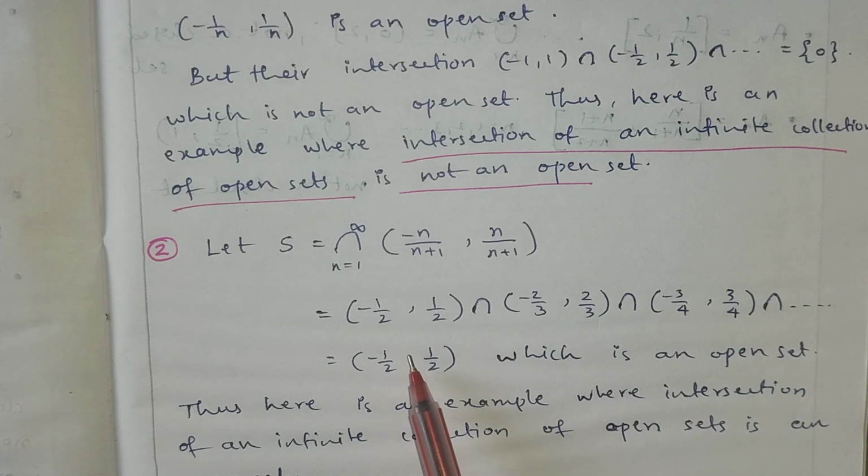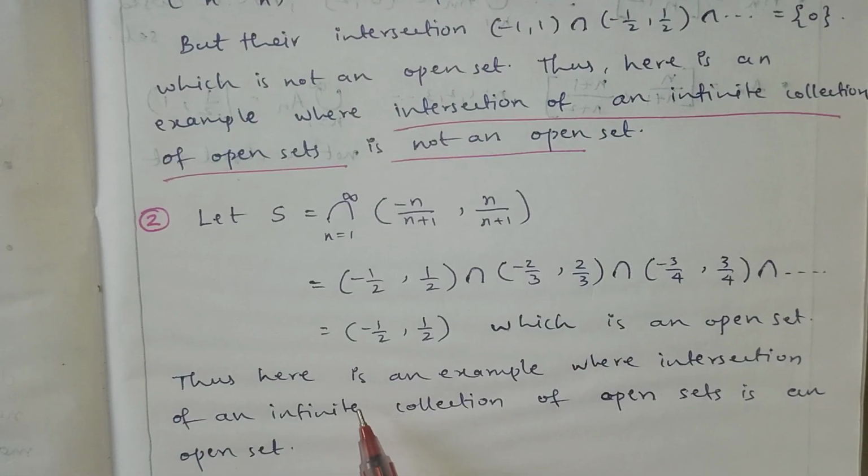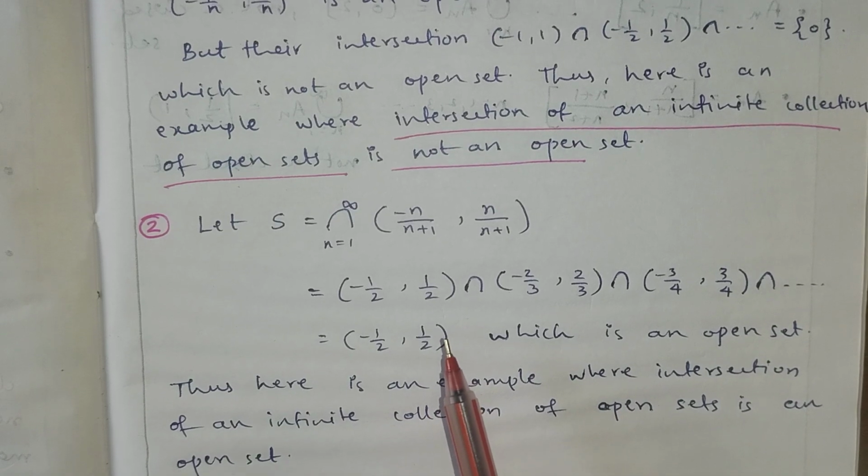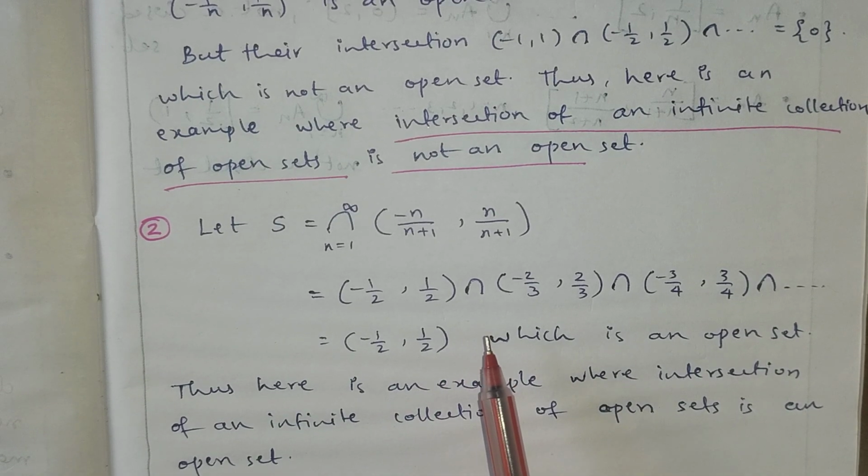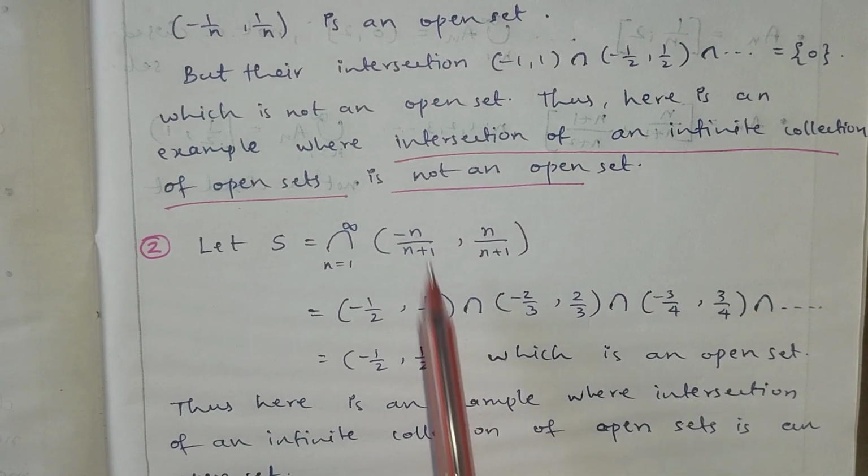This intersection is equal to the open interval (-1/2, 1/2), which is an open set. Thus it is an example where the intersection of an infinite collection of open sets is open. So, arbitrary intersection may give an open set or may not. These are two examples.